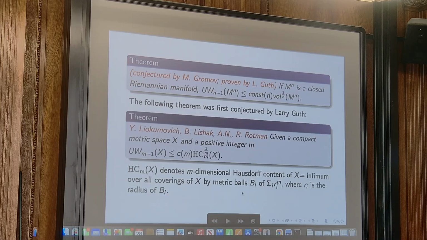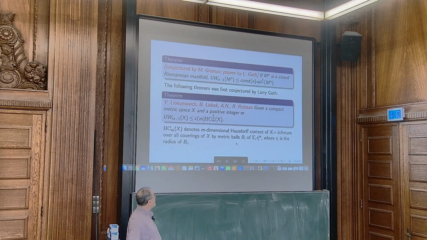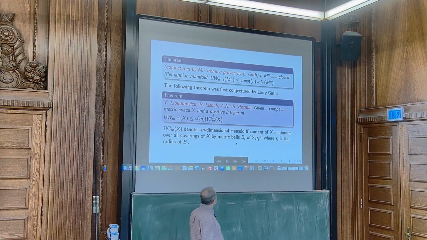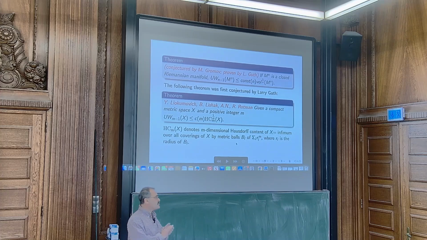And there is the next installment, I mean the next theorem, which was first conjectured by Larry Guth. So after proving this theorem, Larry Guth became interested in the following question. In the previous theorem, we have some n-dimensional manifold. We would like to ensure that it's close to something (n-1)-dimensional.